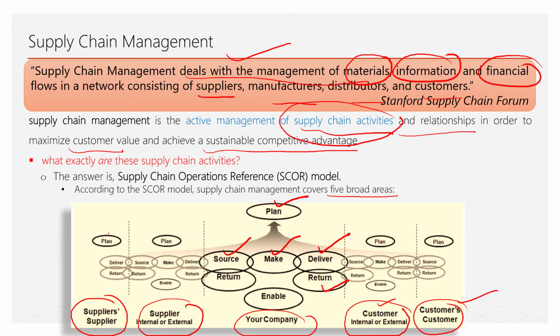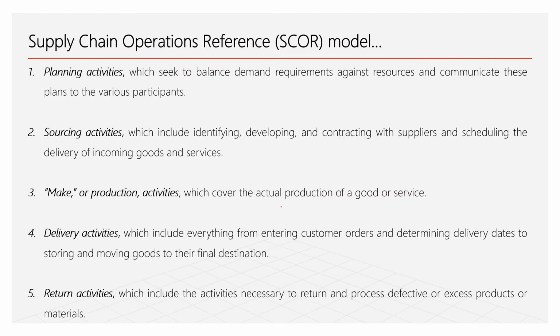Supplier to supplier, we are dealing with these five activities. Supplier to the manufacturer, they are doing some activities. So from the supply chain perspective, we are dealing with five broader areas: planning, sourcing, making, delivery, and return. Now the question is, in planning, what are we performing?